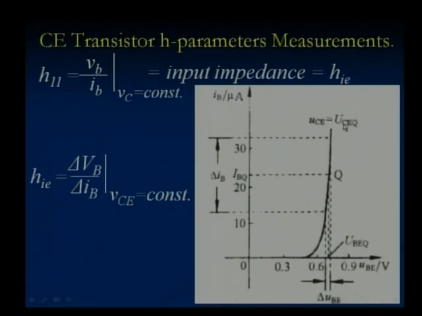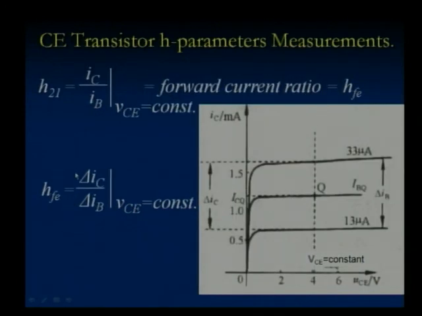So keeping the output voltage constant at a particular value, we can find out a particular change in the base current, delta IB, for a particular change in input voltage, that is VBE. So by exactly counting these values and putting in these equations, we can find out HIE.